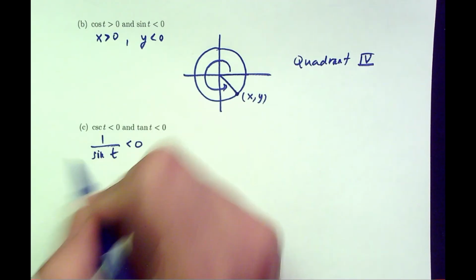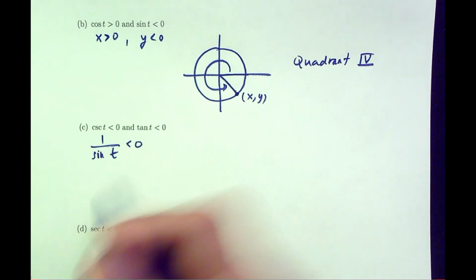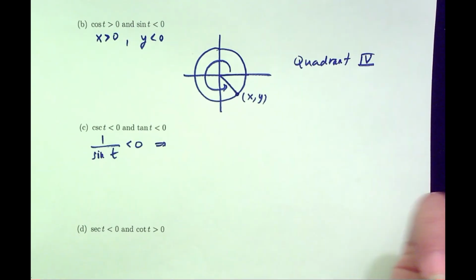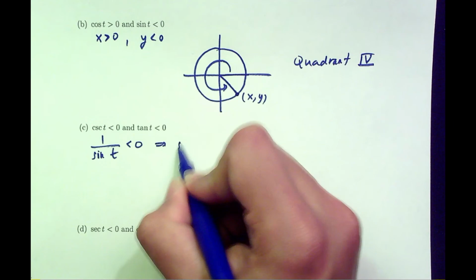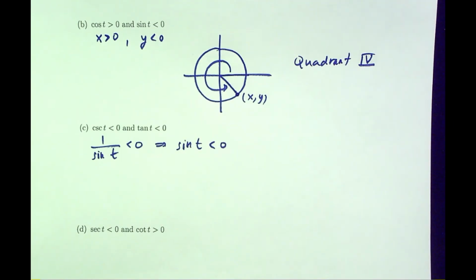So cosecant being negative is exactly the same thing as saying that 1 over sine of t is negative. But if 1 over something is a negative number, what that really means is that the bottom has to be a negative number, because there's no way you're going to get a negative from this unless the bottom is negative. That's the only way that could be negative.